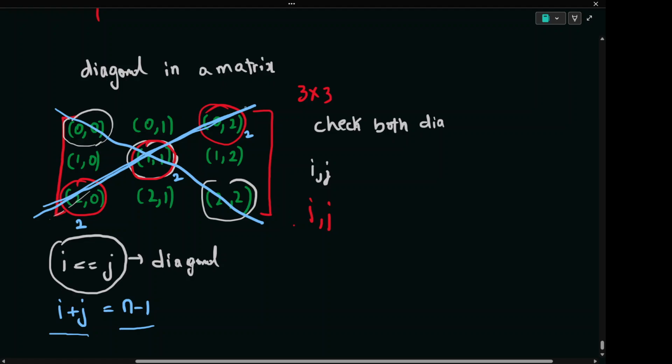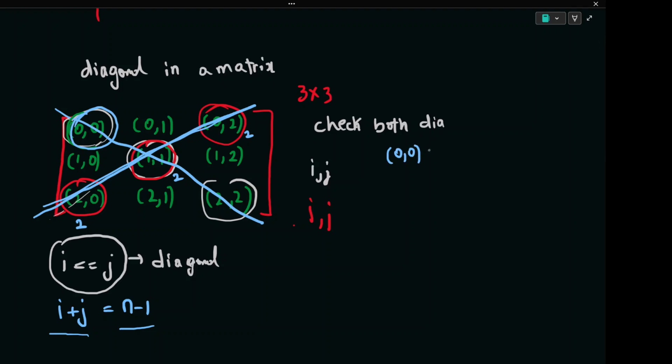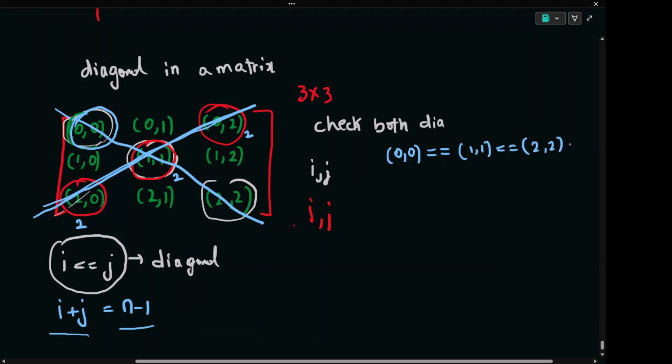So now let's get into part 2, which is to check if each of the diagonal elements are equal. So what should I check here? 0 comma 0 should be equal to 1 comma 1, equal to 2 comma 2, equal to 0 comma 2, equal to 1 comma 1 again, and equal to 2 comma 0. Correct?